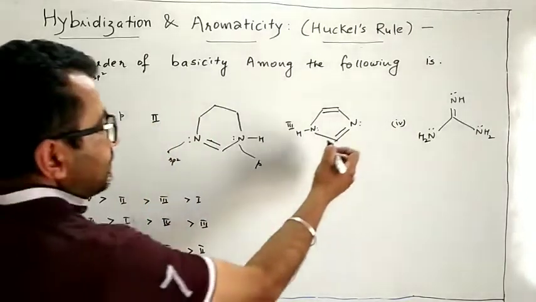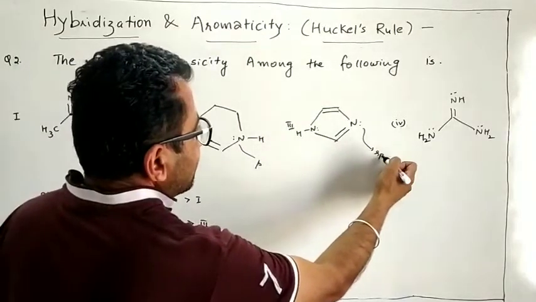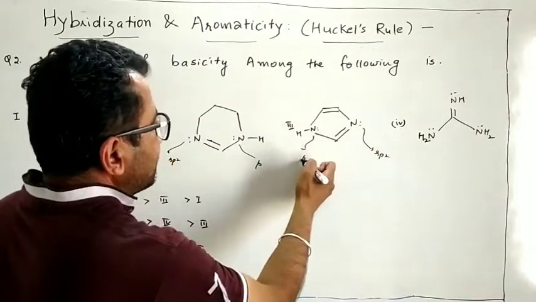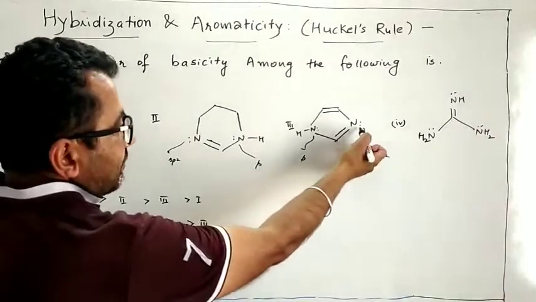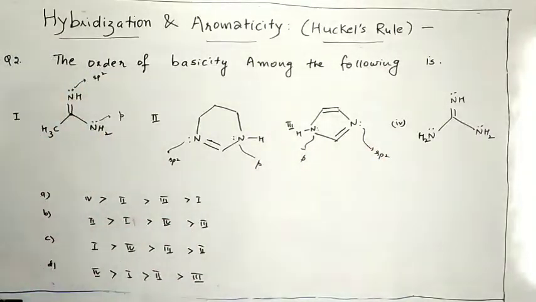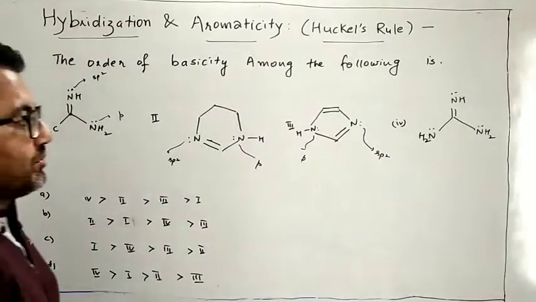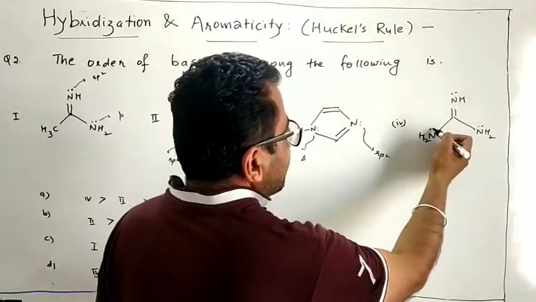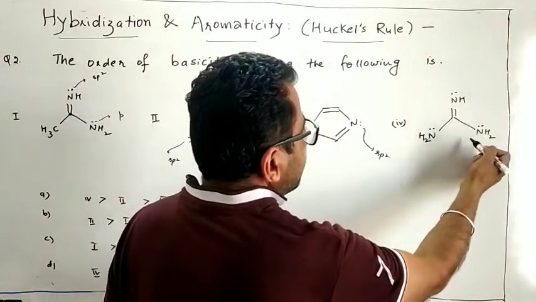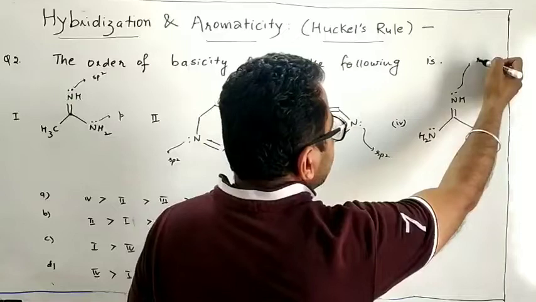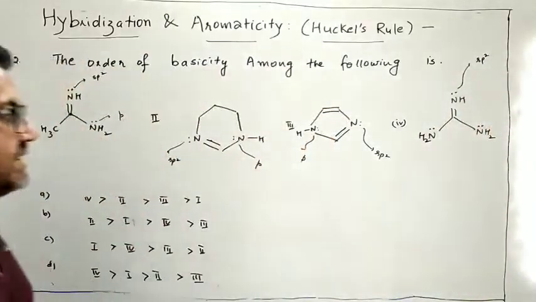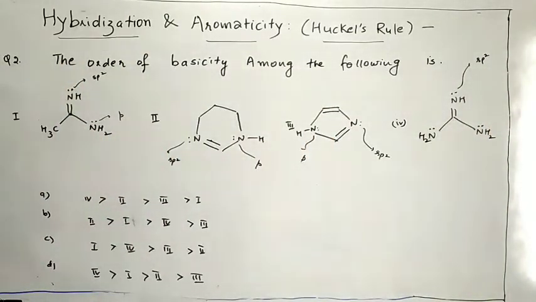In 3 also, this pair is present in sp2 and this pair is present in p. Again, this lone pair is responsible for basicity. And in the last compound also, this pair and this pair are present in p orbital but this pair is present in sp2. So the first step is to find out which nitrogen will give electron easily.